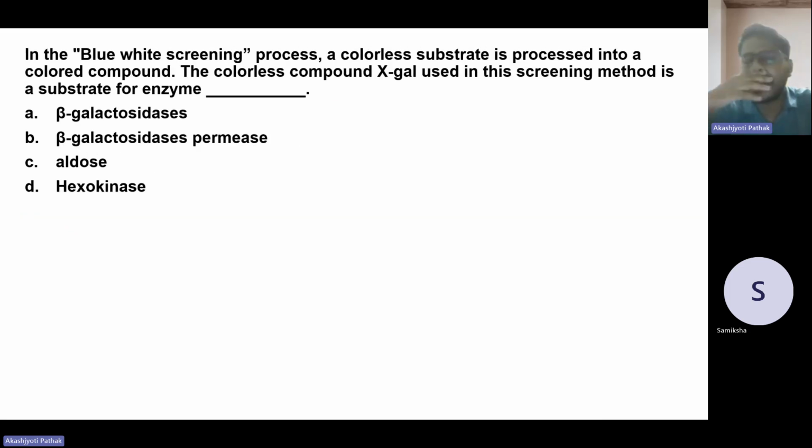In the blue-white screening process, a colorless substrate is processed into a colored compound. The compound X-gal used in the screening method is a substrate for an enzyme. We were just talking about beta galactosidase. This beta galactosidase is an enzyme, and the substrate for this enzyme is X-gal.